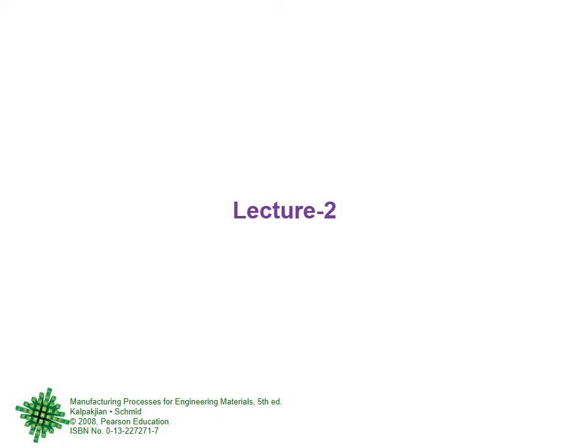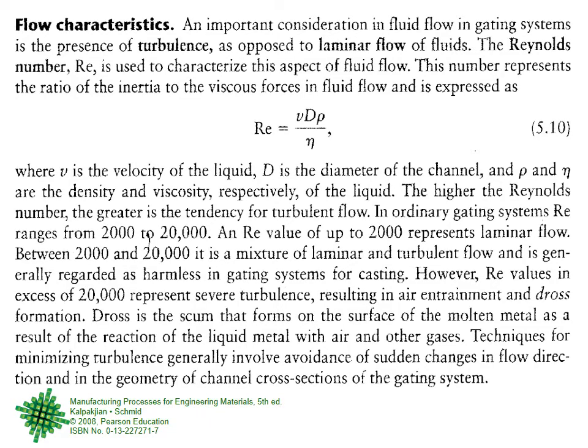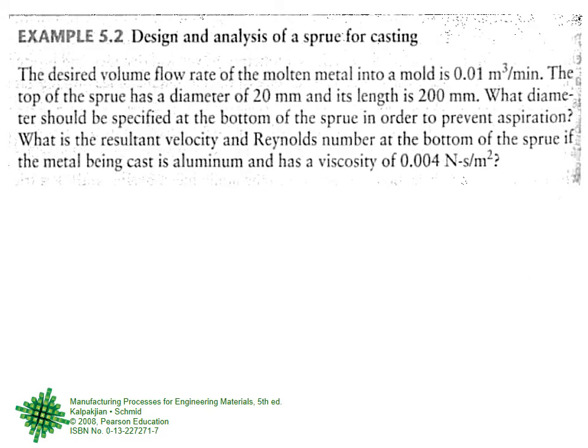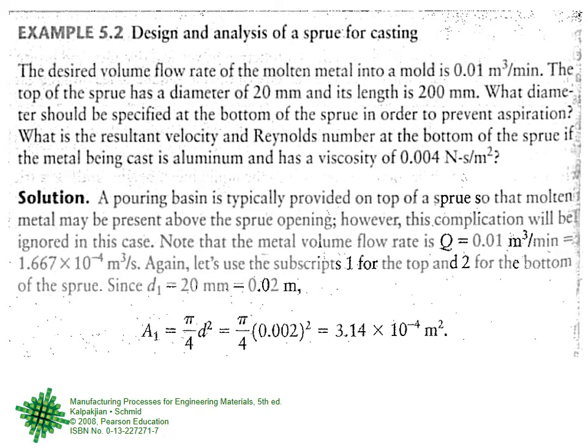So very quickly, to bring you mentally up to date, what we covered last time in lecture 2 of chapter 5. We talked of flow characteristics and we mentioned Reynolds. We did a very nice example in which we calculated the velocity at the bottom of the sprue, the area required not to allow any aspiration, the Reynolds number, and so on.